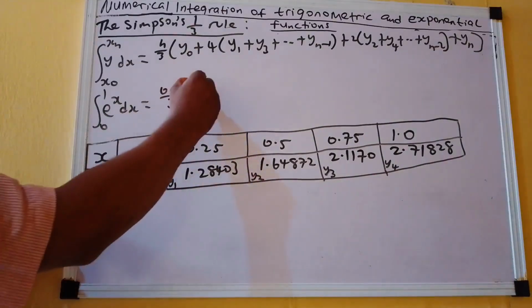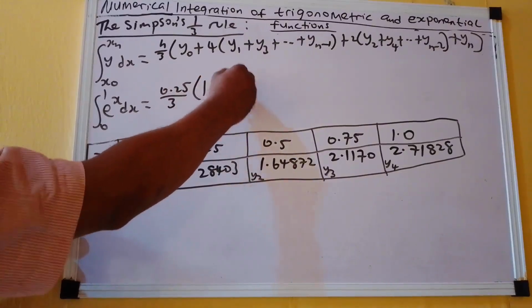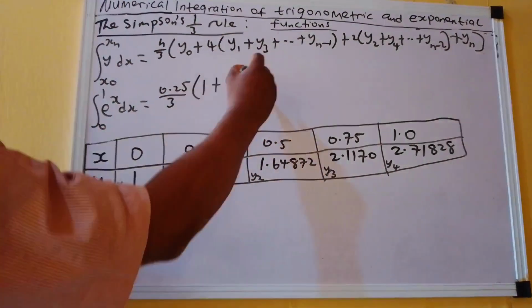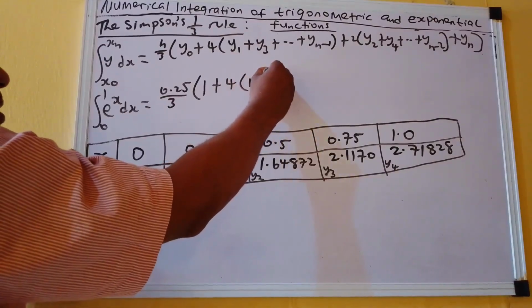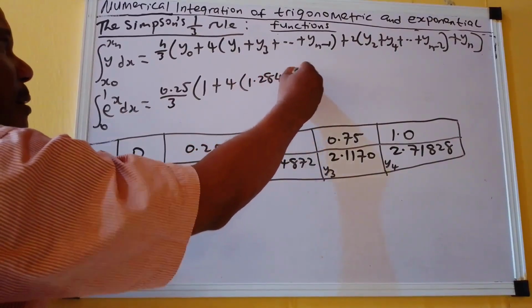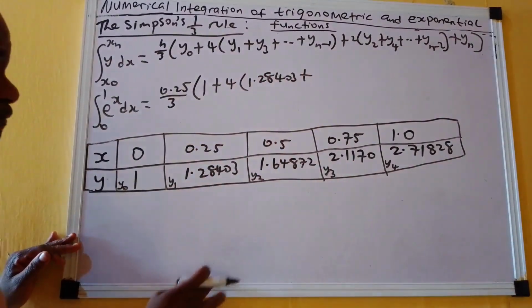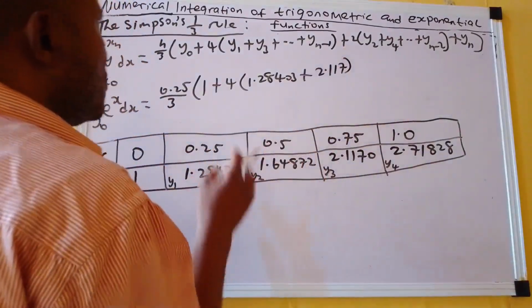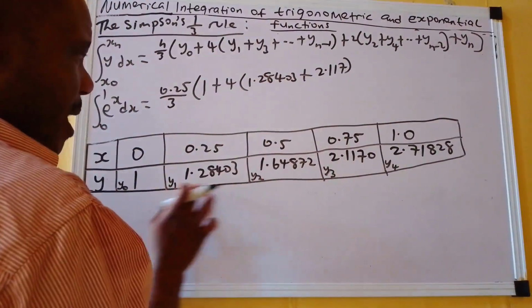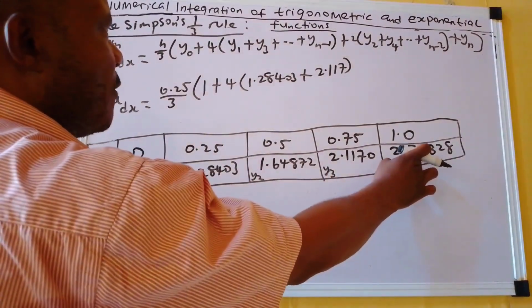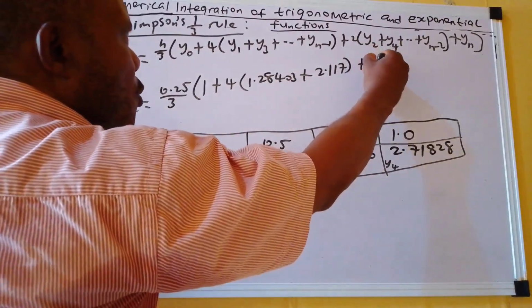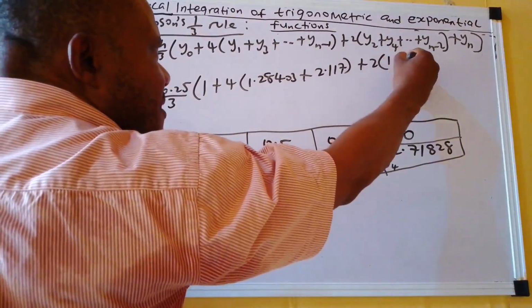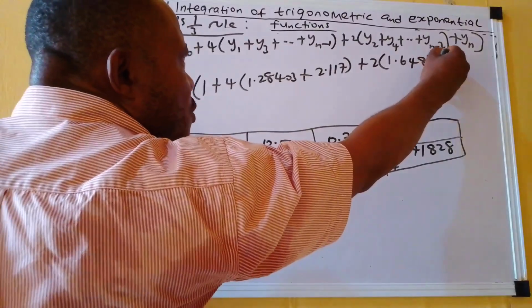Our y0 is 1 plus 4 into, now what is our y1? Our y1 is 1.28403 plus, what is our y3? Our y3 is 2.117. So we only have y1 and y3. It cannot take the last value of y, so we close it there. Then plus 2 into, of course, we only have y2, 1.64872.